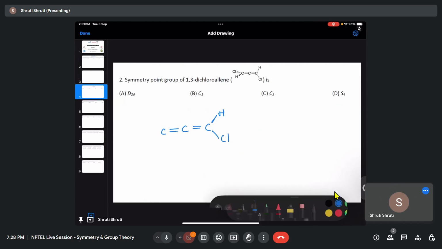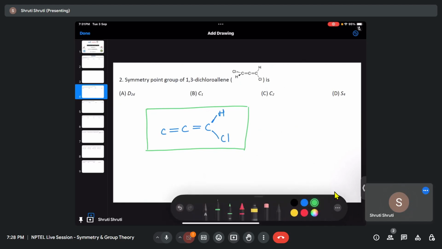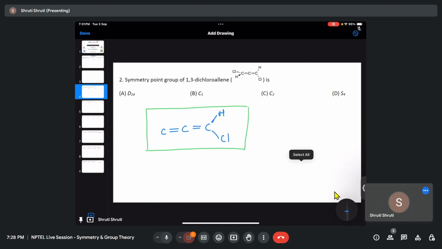Let me draw it. This is the plane in which the C double bond C double bond C is there. From this plane, H is coming outwards and Cl is going downwards.